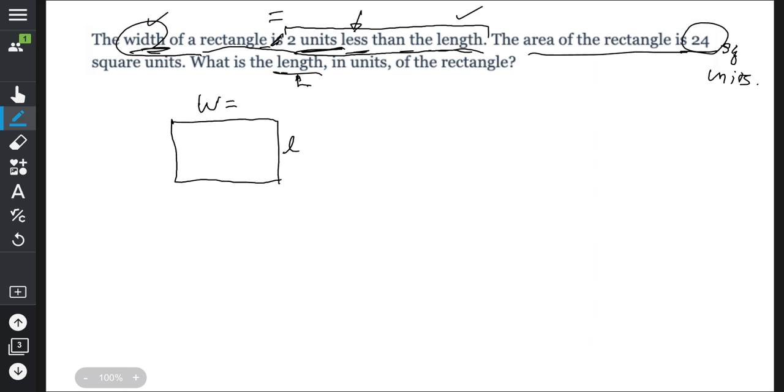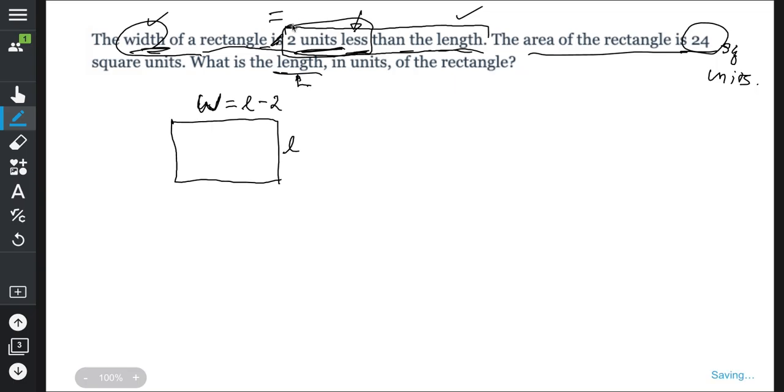So the width is the same size as the length, but 2 units less. Write that exactly how it sounds. W equals the length except 2 units less. Otherwise, they'd be the same. But what they're telling us is that it's 2 units less than the length.